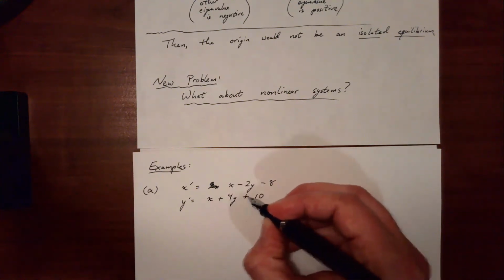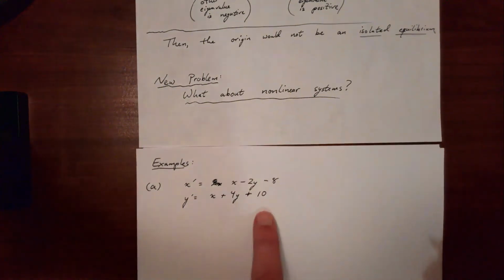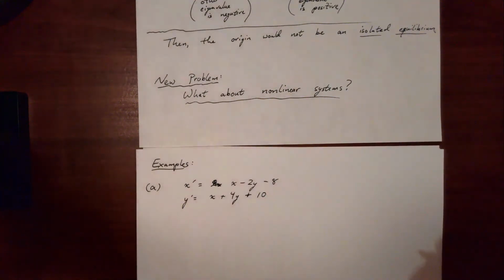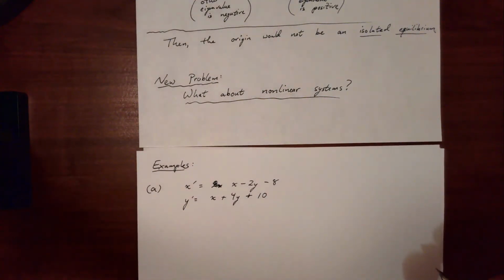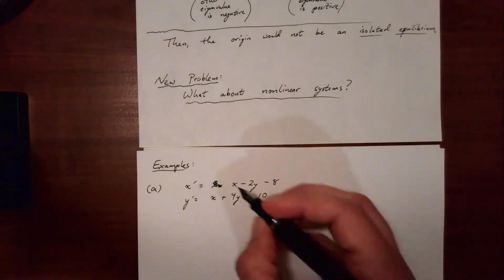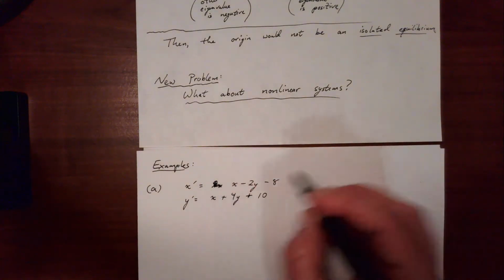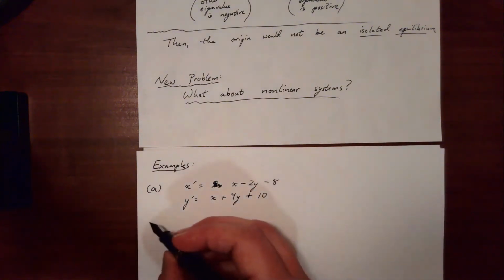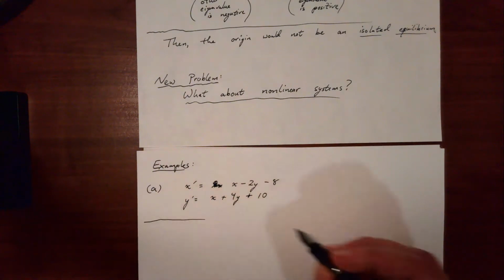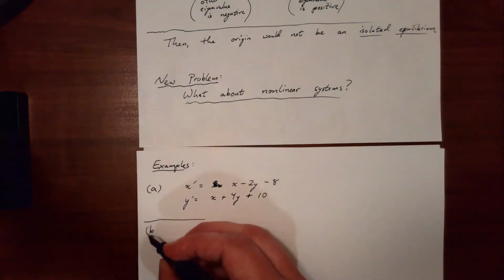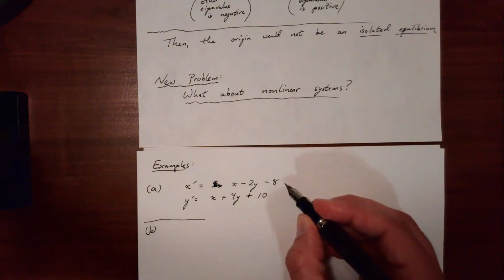This does not fall into our usual heading because of the presence of these constant terms at the end here, the minus 8, the plus 10. We can't make a coefficient matrix out of this, because now we don't even have the regular situation that we typically have. So this is not linear because of the -8 and the +10.